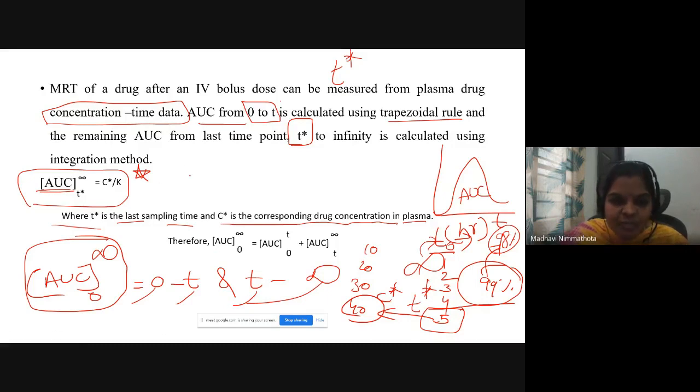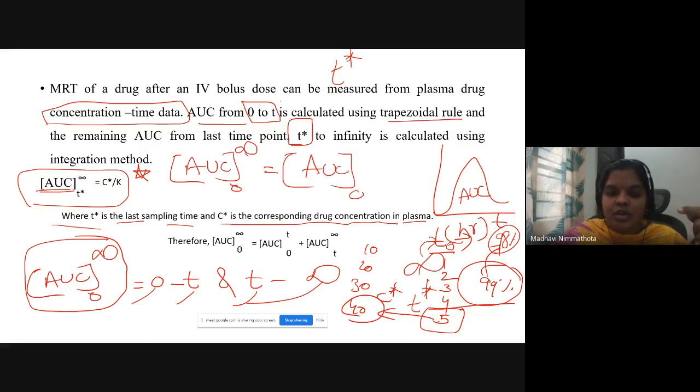That's why your AUC 0 to infinity calculation will involve AUC 0 to T plus AUC T to infinity. So T to infinity is nothing but C star by K.